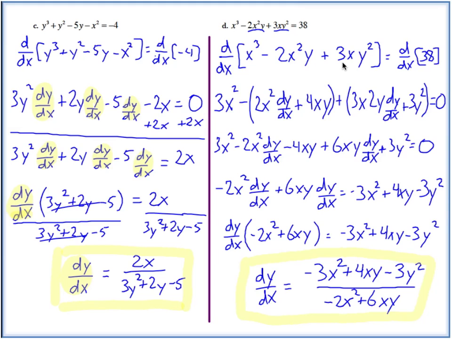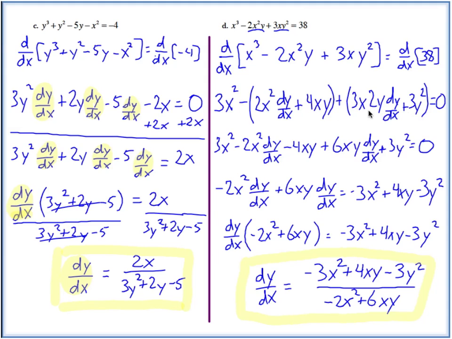Then plus, now this derivative is also going to need the product rule, so it's our first function times the derivative of the second. Notice the chain rule here, so we had 2y dy dx plus the second function, y squared, times the derivative of the first, 3. So there's our 3y squared.